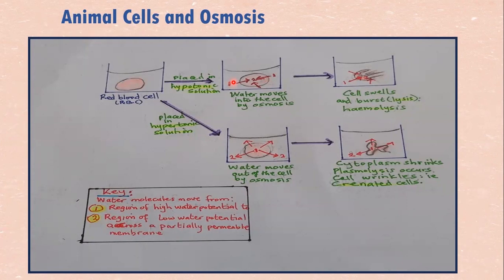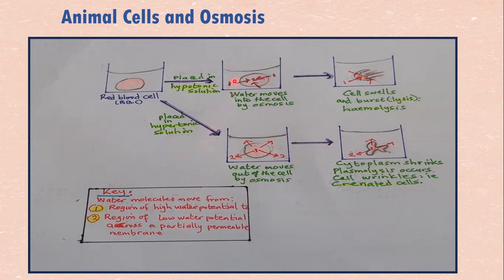This is blood in a hypotonic solution on a blood slide. In the hypotonic solution, the water potential is higher than the contents of the blood cell. So we have a key here. Water molecules move from a region of high water potential to a region of low water potential across a partially permeable membrane, and that's osmosis.